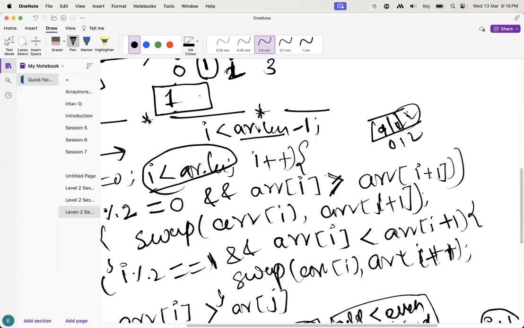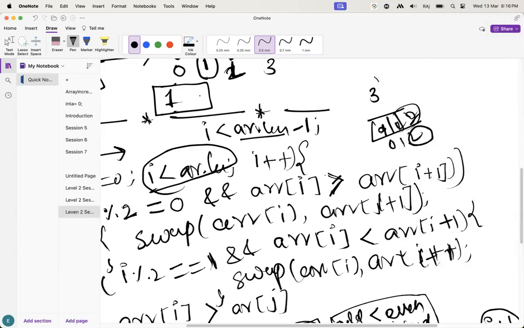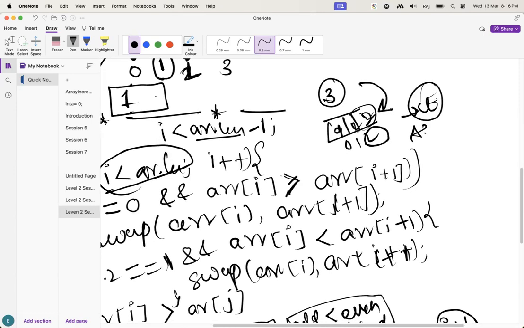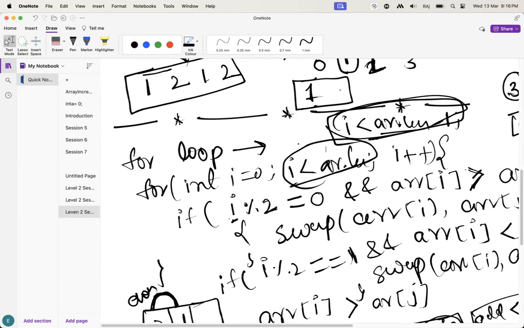When the index comes to 2, it will go for i plus 1, that means index 3. But that index is not available, so we will get an array index out of bounds error. So that's why we take i less than array dot length minus 1. Guys, understand this one? Okay, guys.